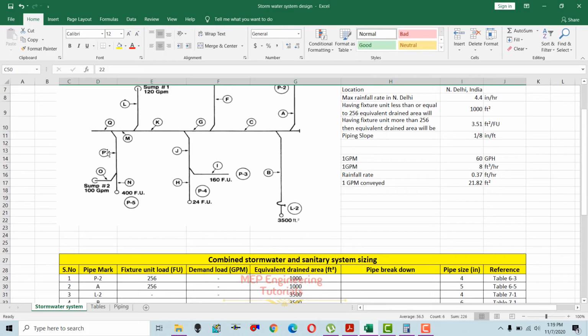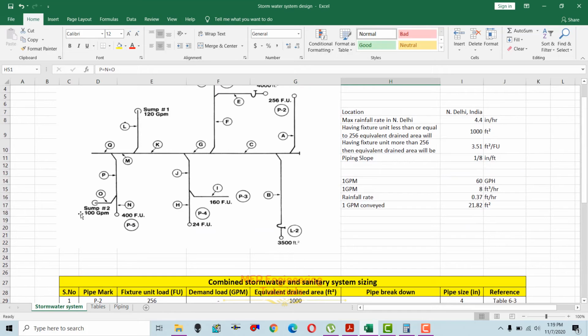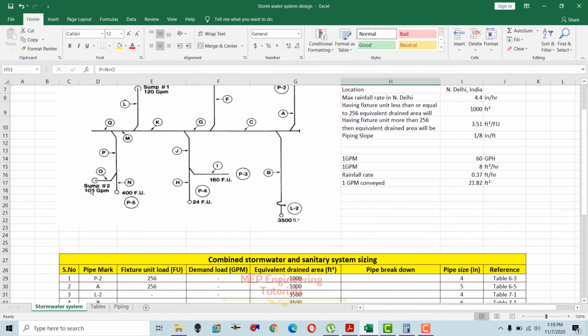So next is point P. It will be the sum of point N plus O. P, that is the sum of N and O, you can see in here. And the fixture units which we calculated here is 100, and at this point N is 400 and O is 100.